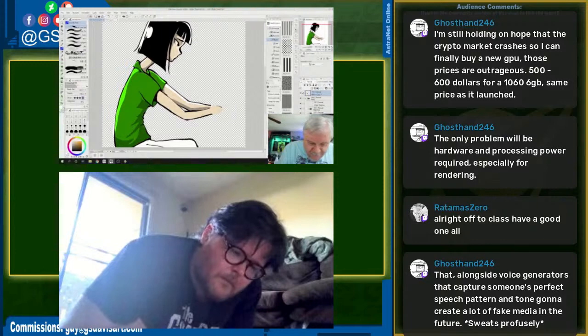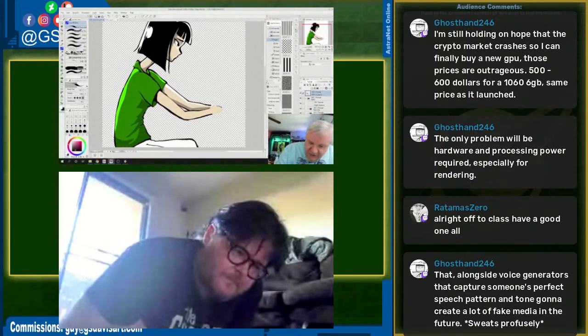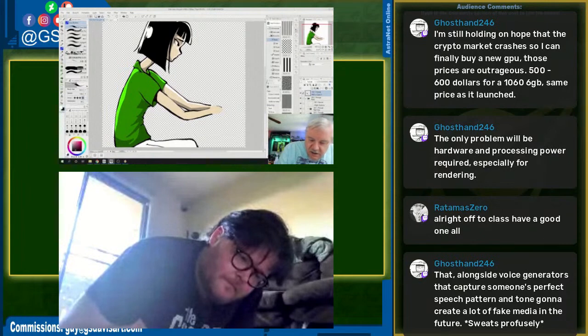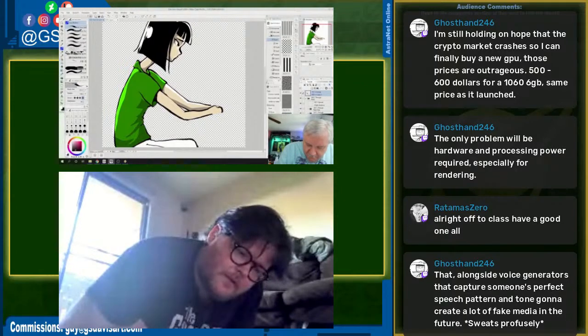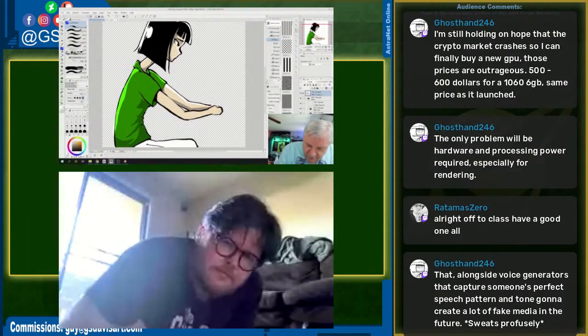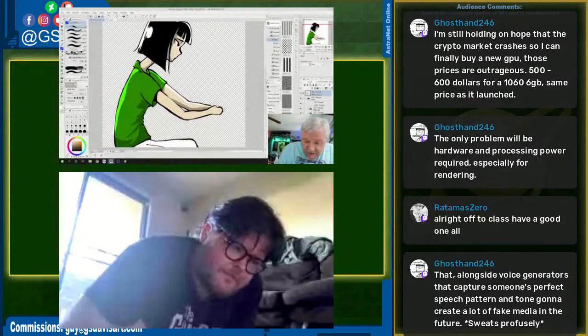Having been an artist all of my life and starving pretty much all the time, I kind of appreciate the concept of NFTs, but the amount of power that it uses. Well, the thing is, the amount of power it uses is the same amount of power the cryptocurrencies use. Yeah, I don't know if I'm up for cryptocurrencies.